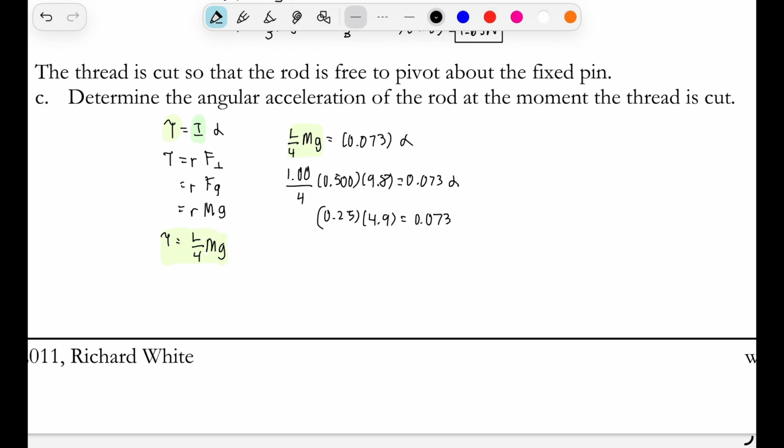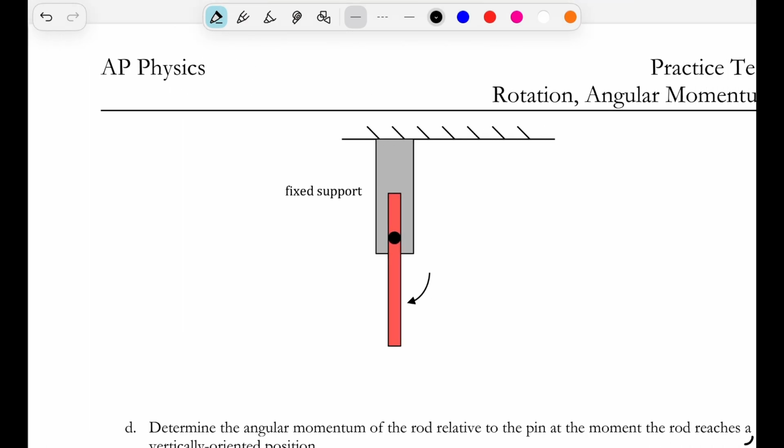That's 0.25 times 4.9, which is equal to 0.073 alpha. That's 1.125 is equal to 0.073 alpha. So your alpha is going to equal 1.125 divided by 0.073, which is 16.8 radians per second squared.